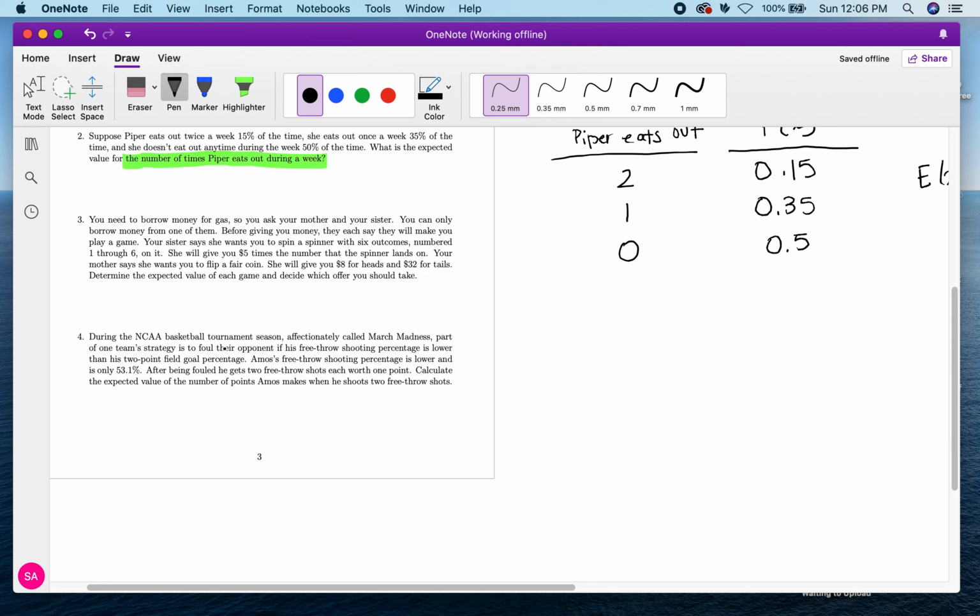She will give you $5 times the number that the spinner lands on. Your mother says she wants you to flip a fair coin. She will give you $8 for heads and $32 for tails. Determine the expected value of each game and decide which offer you should take.